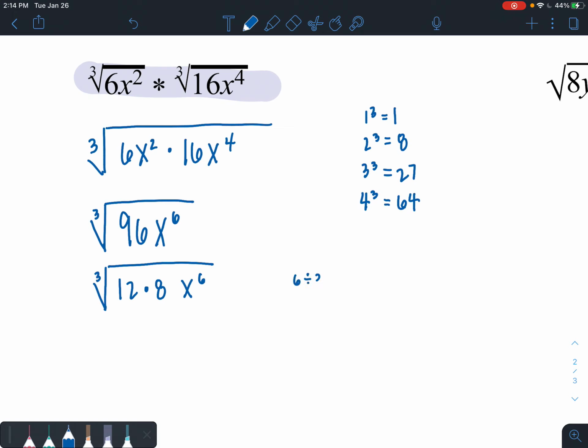Okay, we're going to do 6 divided by 3 for that index there, and we get 2.